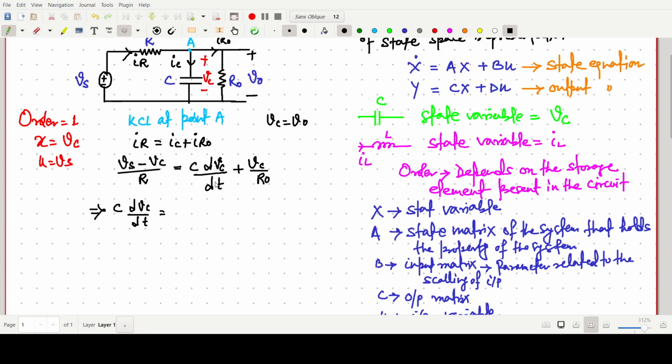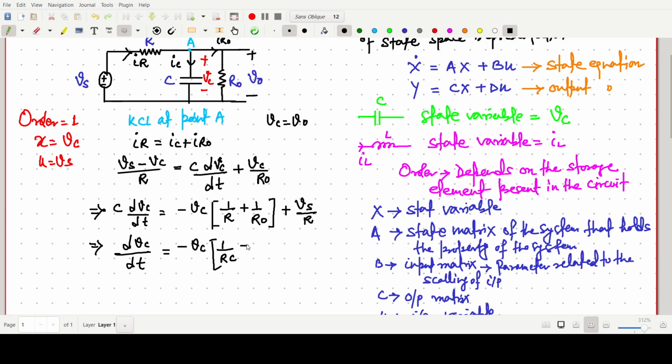Then what we can write is minus Vc. And if we put this one on this side, after simplification, 1 by R plus 1 by R naught, plus Vs by R. So once again, dVc by dt equals minus Vc, and if we divide all terms by RC, we get RC plus Vs by RC.